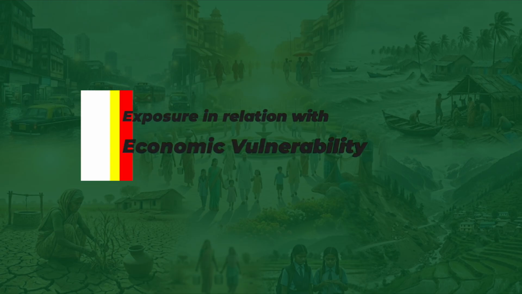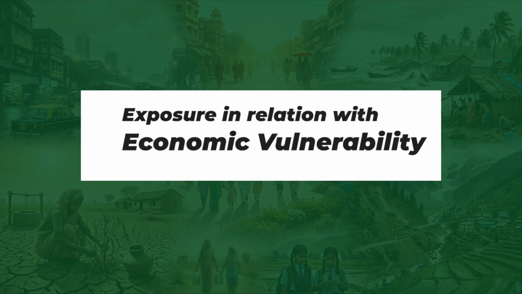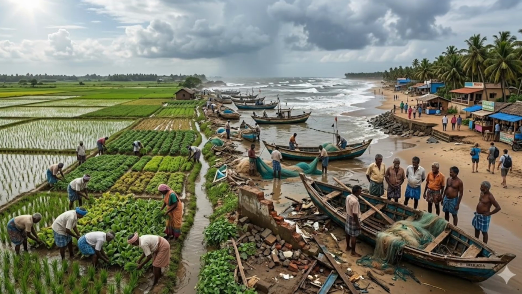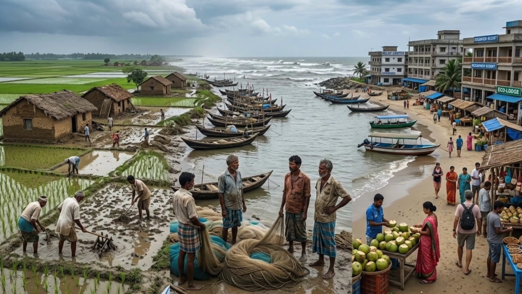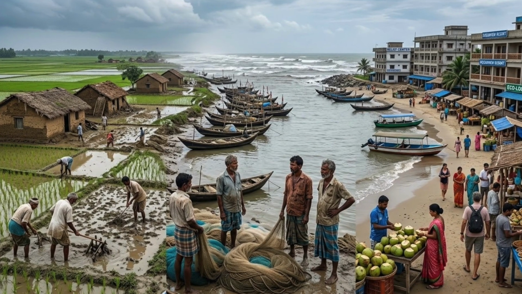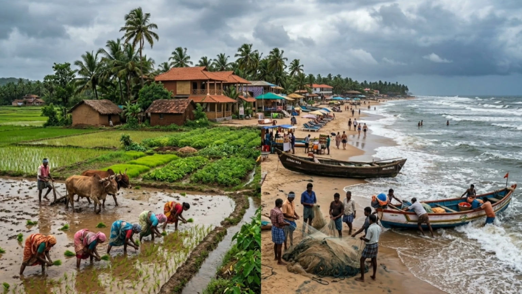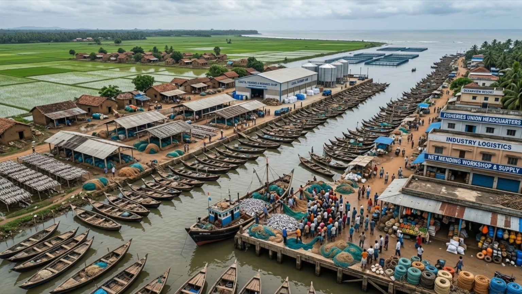Now, let me explain to you the concept of exposure in relation to economic vulnerability. Economic exposure takes place when agriculture, fisheries and tourism, which are climate sensitive sectors, form a substantial portion of livelihood. Whole local economies are dependent on one industry or resource.